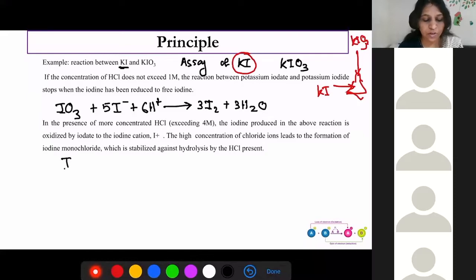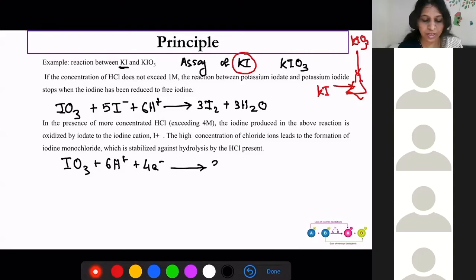So what will happen? Let us not read what is written over here. Let us write down the further reaction. Ideally, what is supposed to happen is, all of you write down the reaction with me.